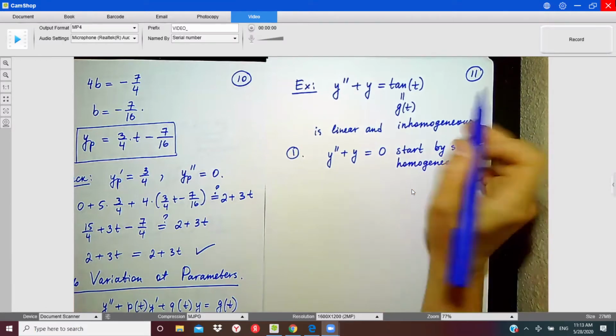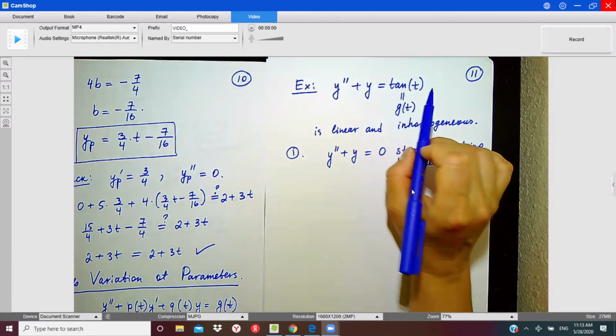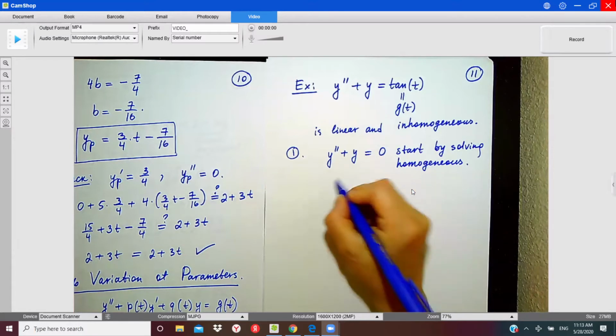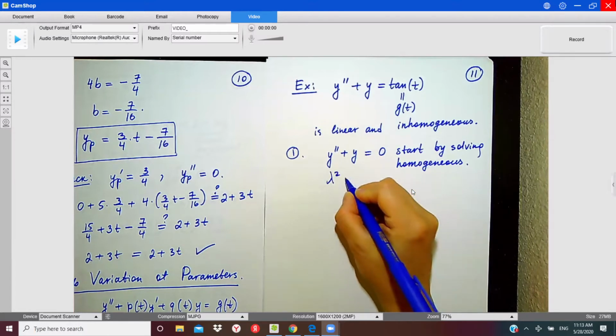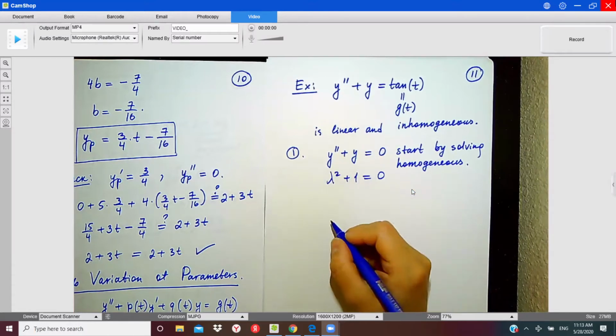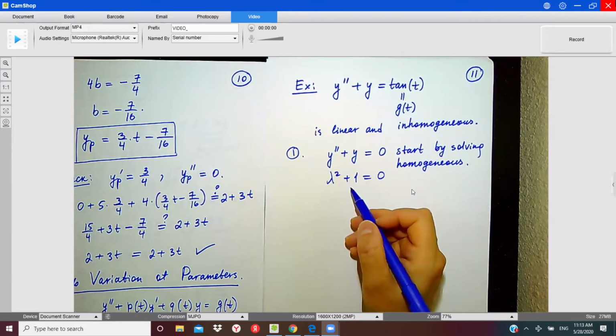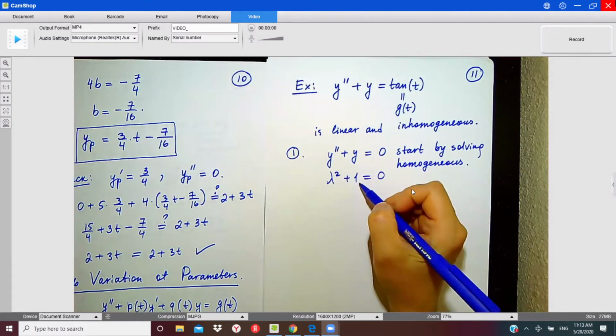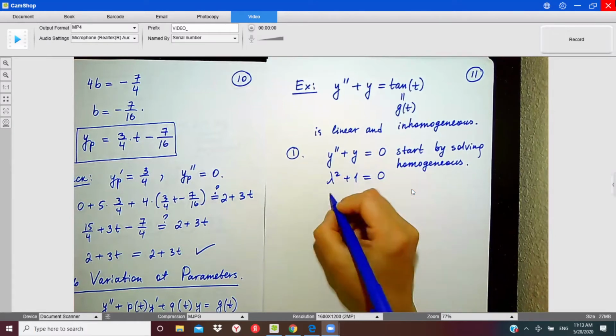In other words, ignore for some time this tangent, pretend that your equation is homogeneous, and solve the characteristic equation. So this is the characteristic equation. We have lambda squared plus 1 equals 0.